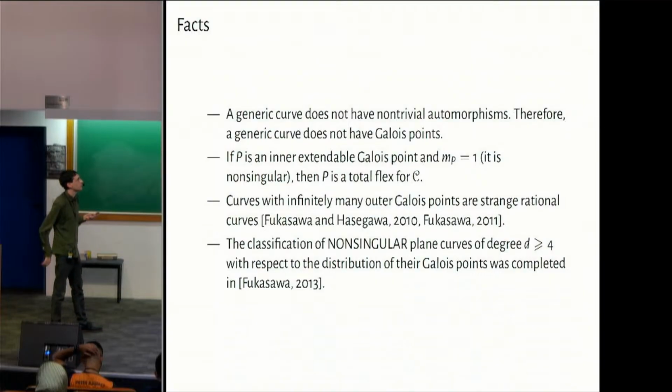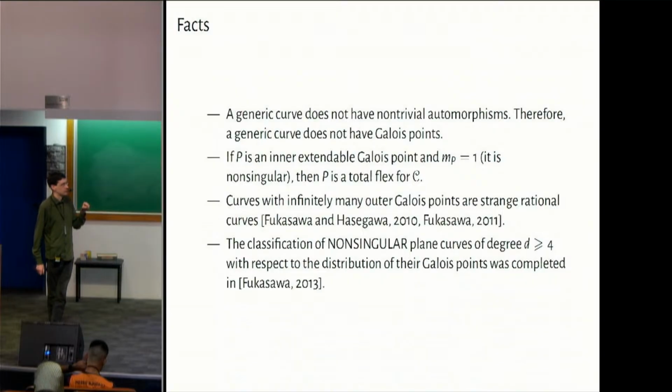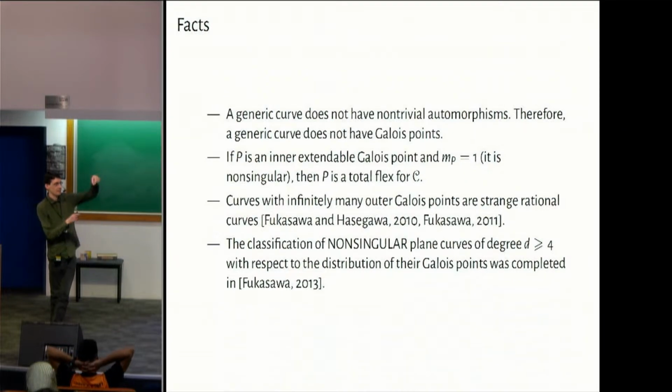Let me just briefly recall what a strange curve is. We say that a curve is strange when there's a point such that when you take all the tangent lines to the curve at all the points of the curve, they all pass through a common point.